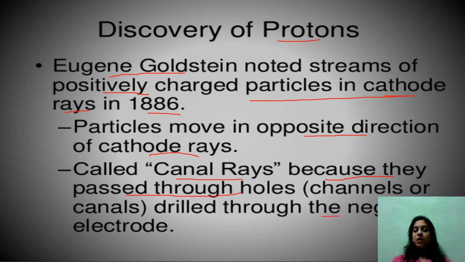Yes, obviously positive to negative. So that's why, because these particles are attracted from the positive side to the negative side, their nature must be what? It must be positive, and that's why such rays are also known as canal rays or anode rays.